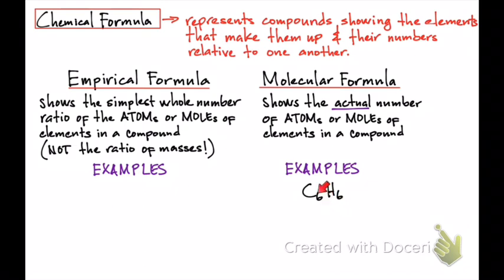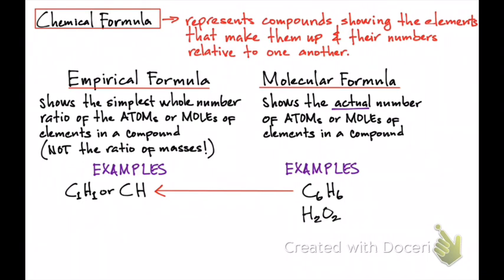You have 6 carbons and 6 hydrogens. So if you divide both numbers by 6, which is the common denominator here, you get 1. And so you get C1H1, or simply CH. So CH, in this case, is the empirical formula for this compound.